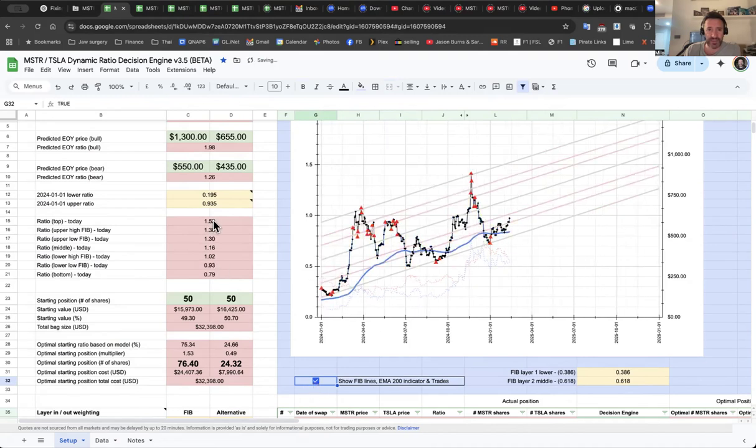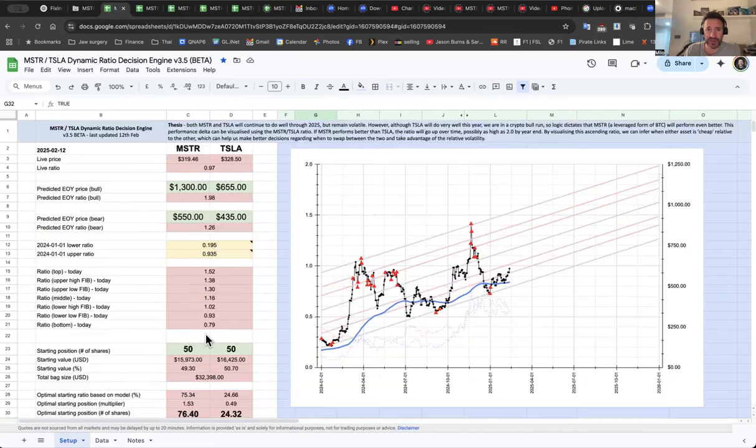And these numbers here reflect the top of the range and the bottom of the range as of today. So right now we're here, and for the range that you've configured, you can see that 0.79 is what we could call the floor of the range, and 1.52 is the top of the range as of today.